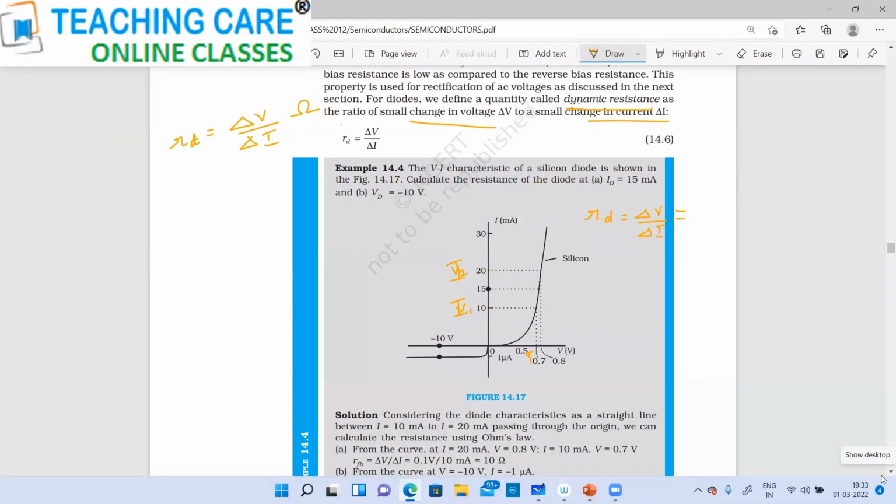It is 0.8 minus 0.7 divided by 20 milliampere minus 10 milliampere. Convert into ampere. Tell me the answer.